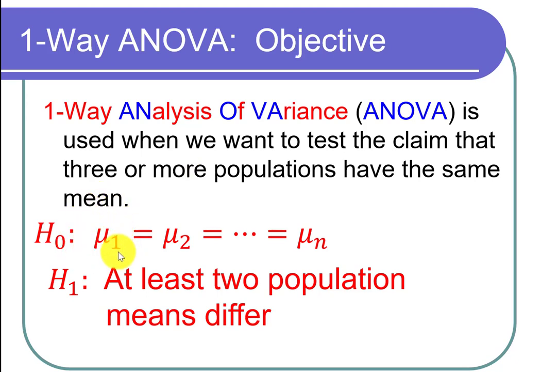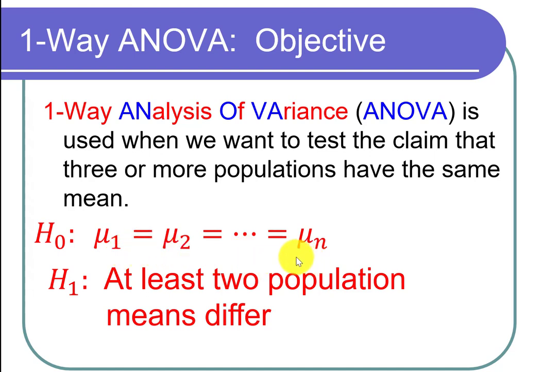And when you have many, you usually use subscripts. So mu sub 1 equals mu sub 2 equals, and then you keep going until you get to that last one, mu sub n. So this could just go to 3 sometimes. If you're doing states in America, it would go to 50. So however many populations you're comparing, that's how many mu's you will have.